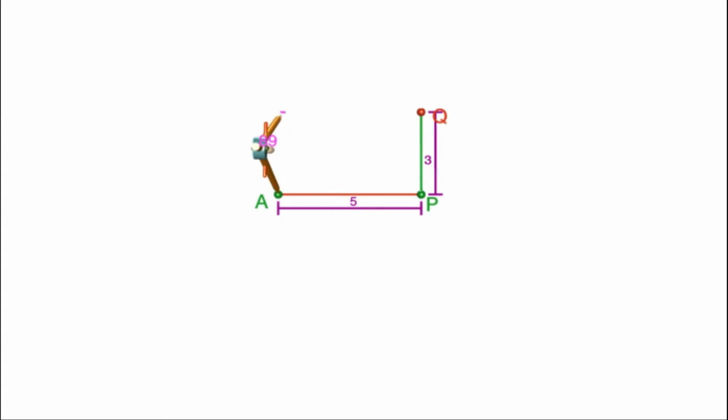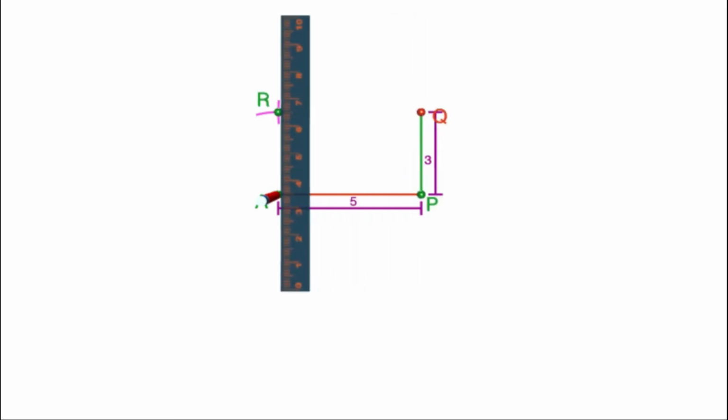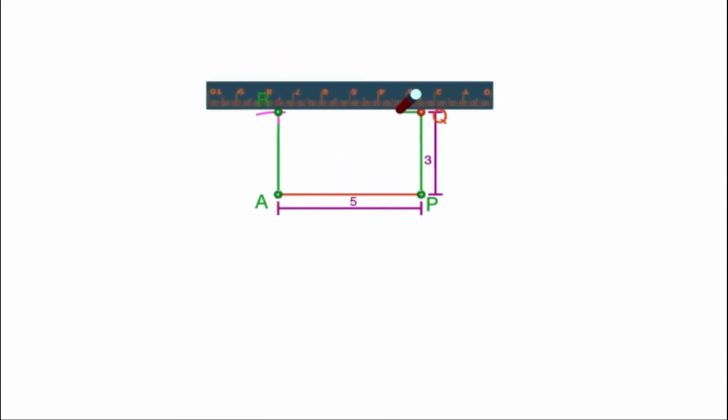Now take 3 cm in the compass and draw an arc from A. Take 5 cm in the compass and draw an arc from Q. The intersecting point is the fourth vertex of our rectangle. Join AR and join QR. So we got our rectangle now.